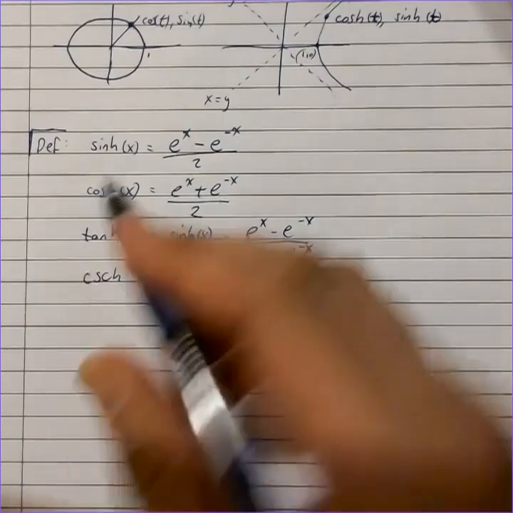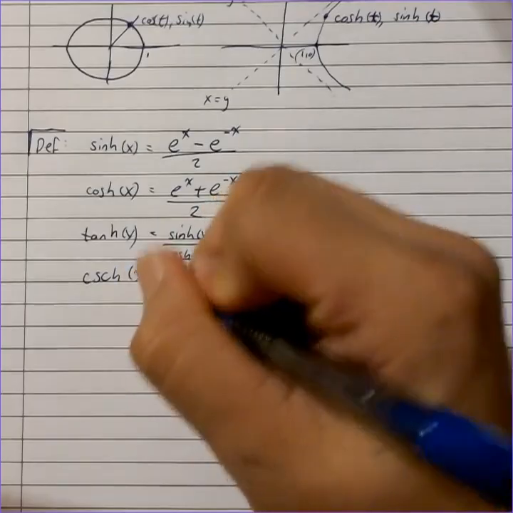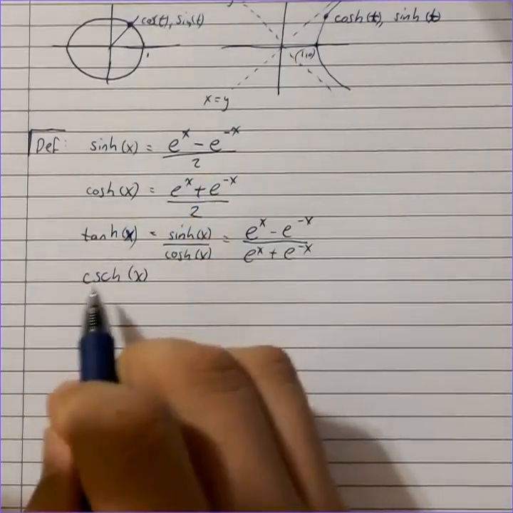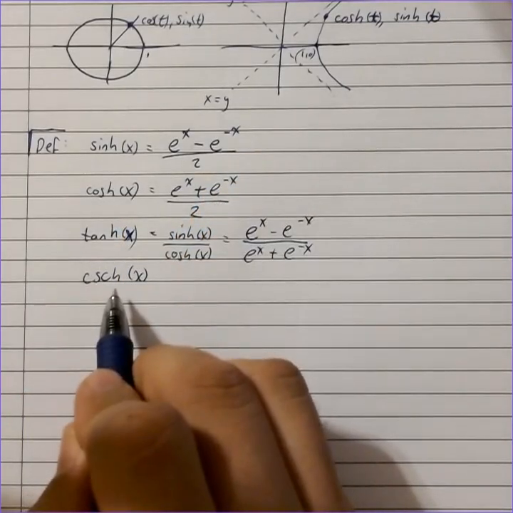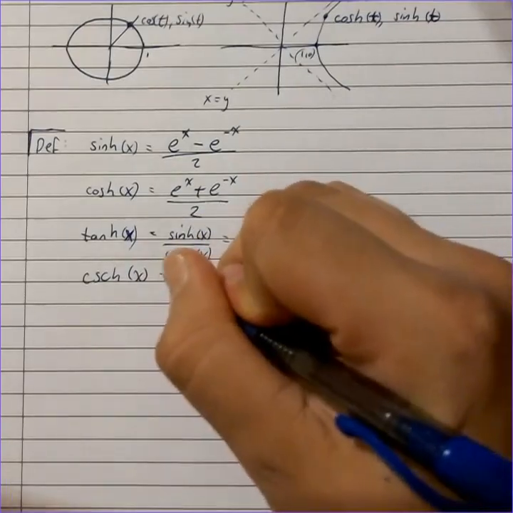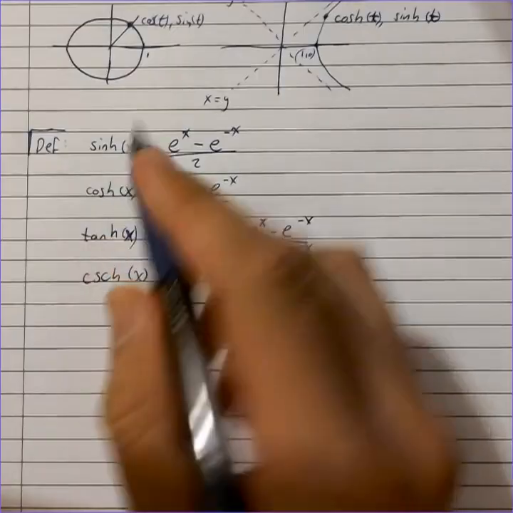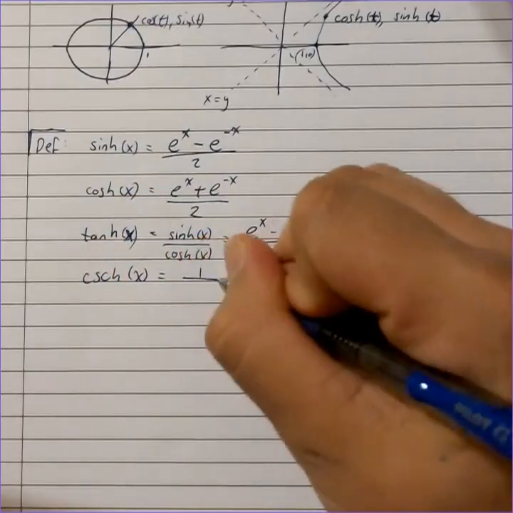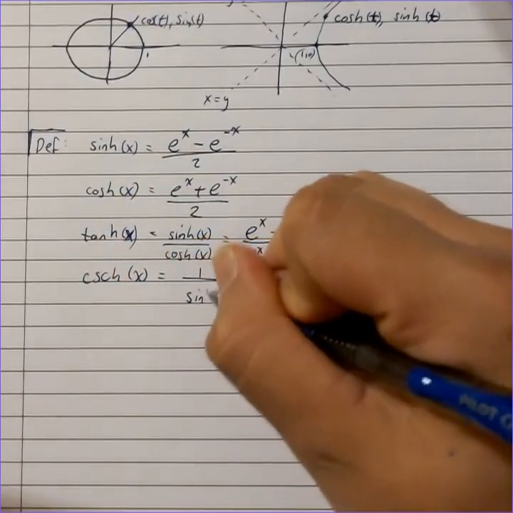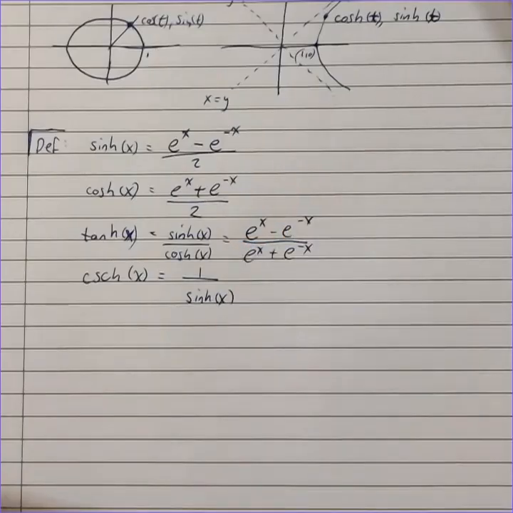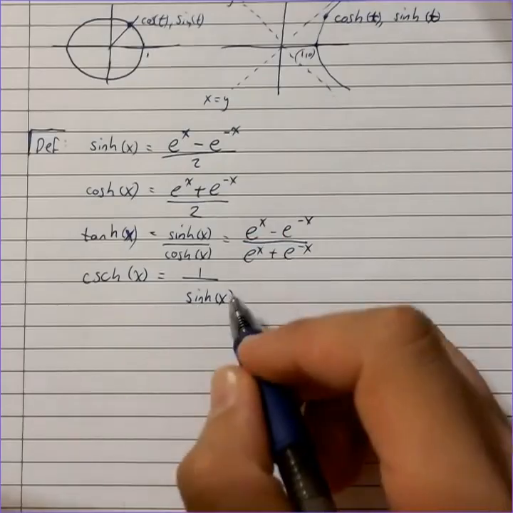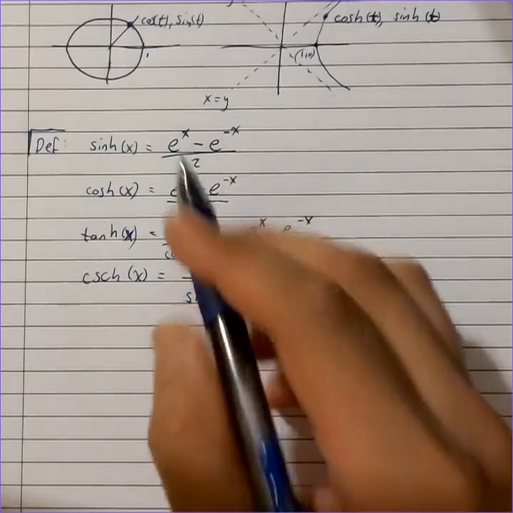And yeah, it's not exactly a phonetic name. Cosech. Here, this is the reciprocal of the hyperbolic sine function. It's the reciprocal of sinh. 1 over sinh of x.